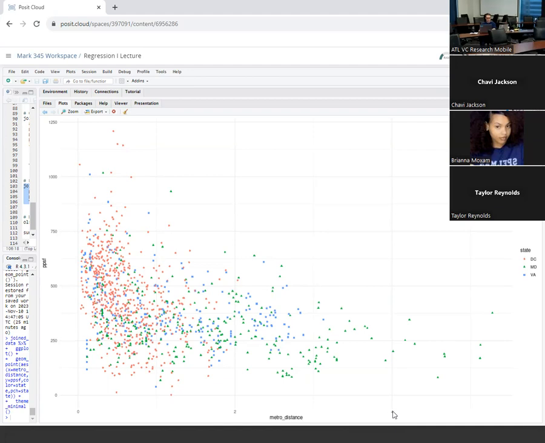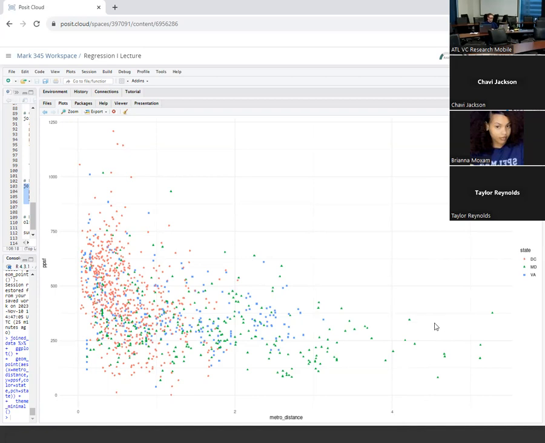Because that's what I keep saying: here are observations that are 4 or more miles away from the metro. Is it surprising to you that there's no DC properties out here? No, because all of their houses are close to the metro. Exactly.